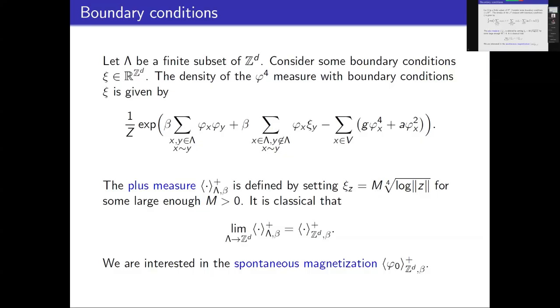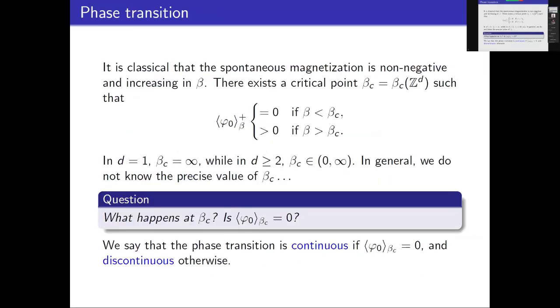Okay, so then let's move on. So now that we have defined our magnetisation, we want to study magnetisation as a function of beta, so it's always non-negative because of the plus boundary conditions.